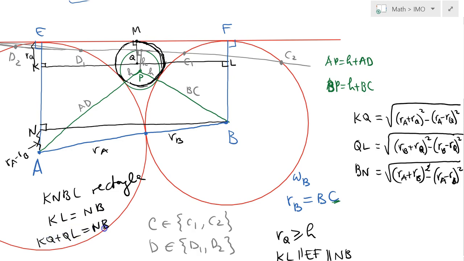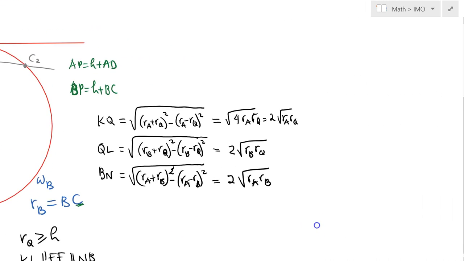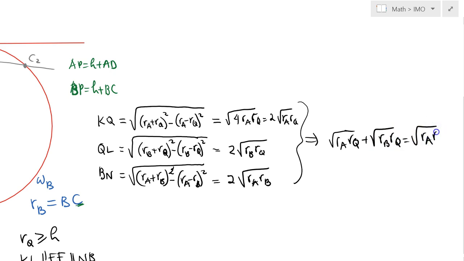So KQ plus QL is equal to NB. Now, by plugging in these values, adding the first two expressions, I should get the third one. So we have the square root of RA RQ plus the square root of RB RQ is equal to the square root of RA RB.